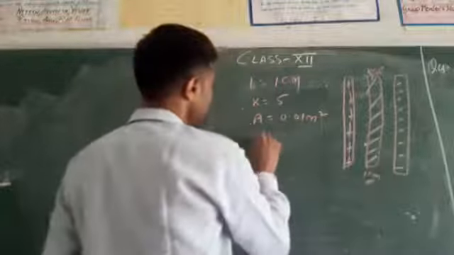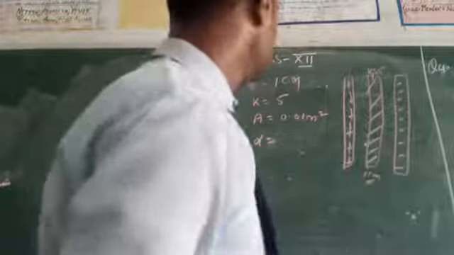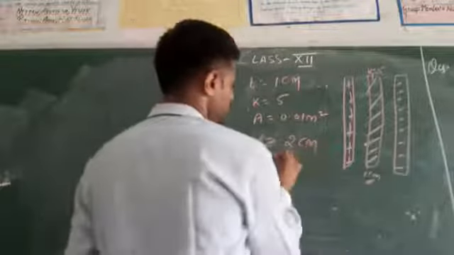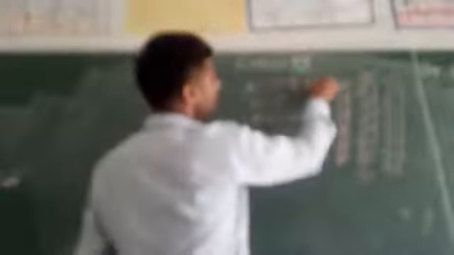It is given, and the area is 0.01 meter square, and the separation, that means d, is 2 centimeter. So we have to find the change in capacitance of this parallel plate capacitor. Converting centimeter into meter, d is 2 into 10 to the power minus 2 meter and t is 1 into 10 to the power minus 2 meter.